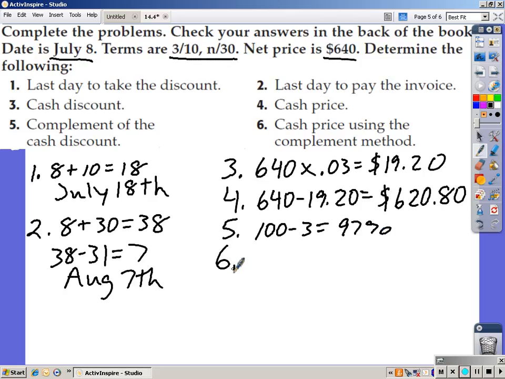Finally, number 6, cash price using the complement method, 640 times 0.97, and you should get $620.80.